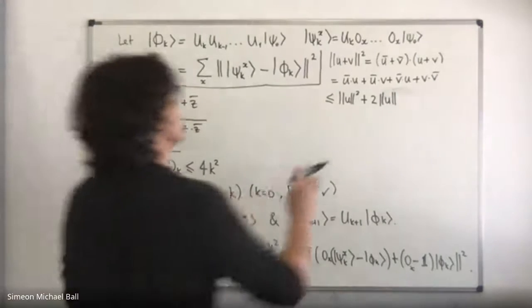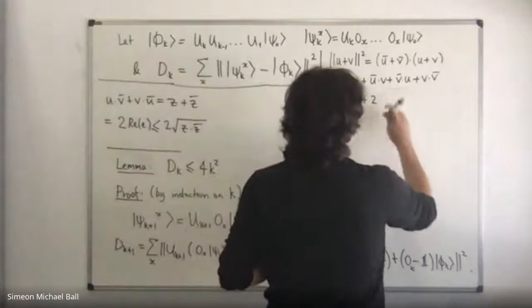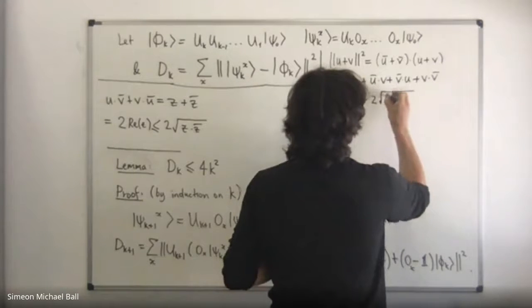Oh, of course, yes, it's twice the square root of u dot v.